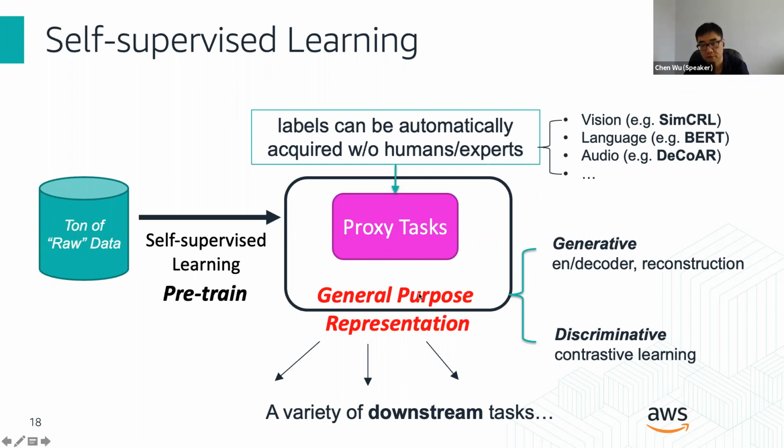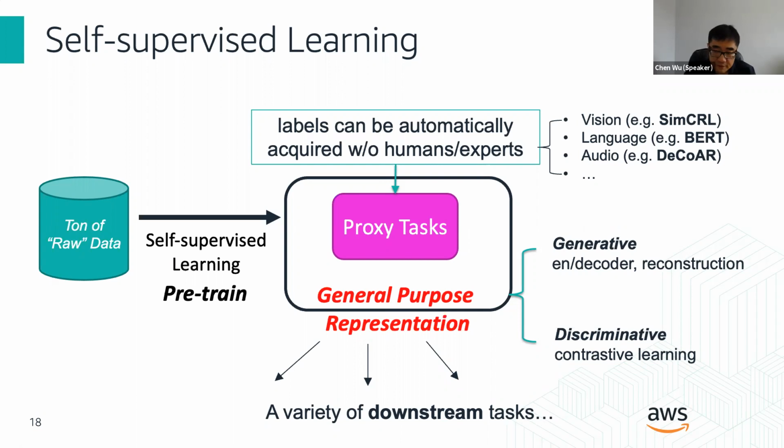As you know, deep learning is all about representation learning, and those representations can then be used for downstream tasks. This has been done in multiple modalities, including computer vision, language modeling, speech recognition, and audio processing.